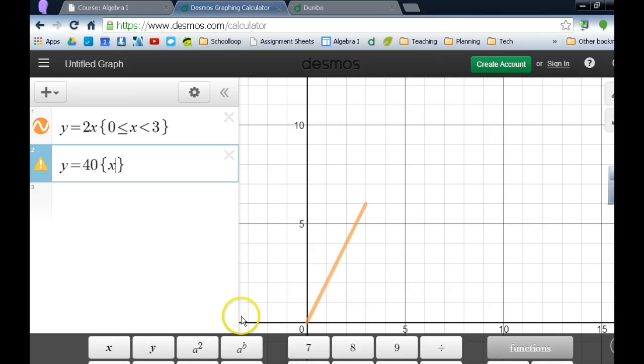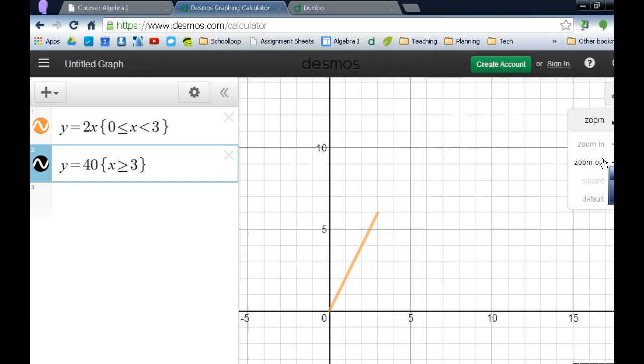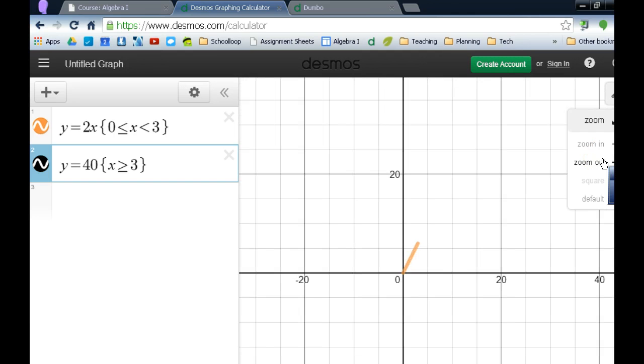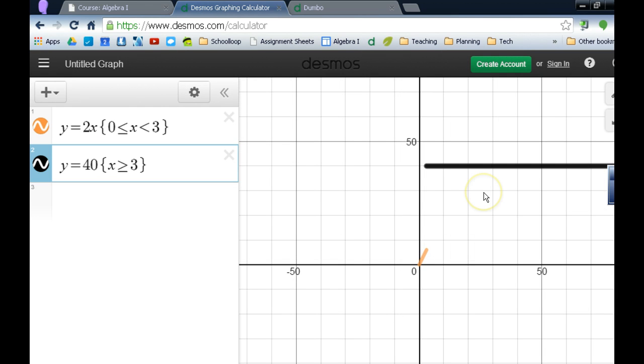Greater than or equal to. Now I have to zoom out to see it. Does this look like the one on there? Look how far apart these are. So now you can tell that it's not right.